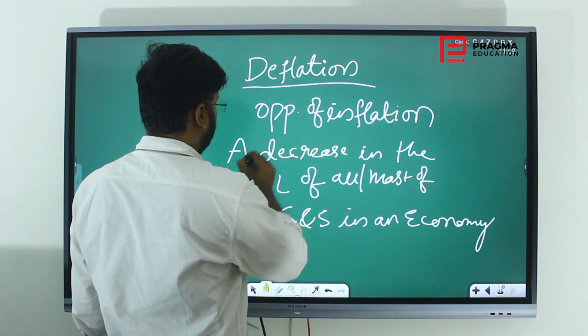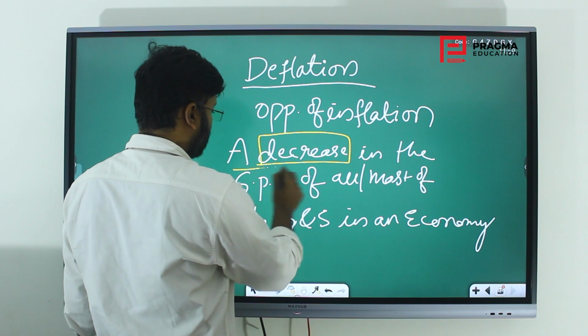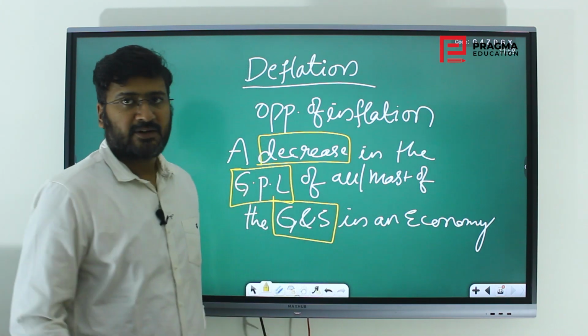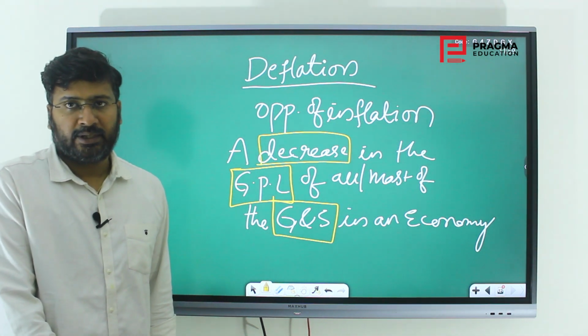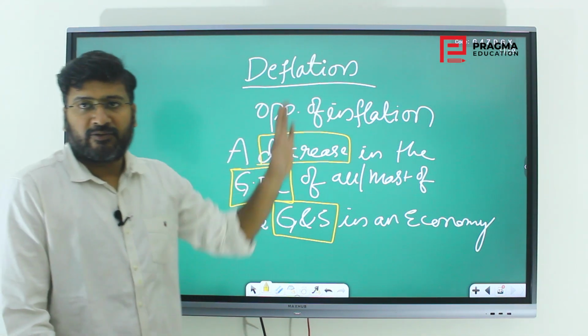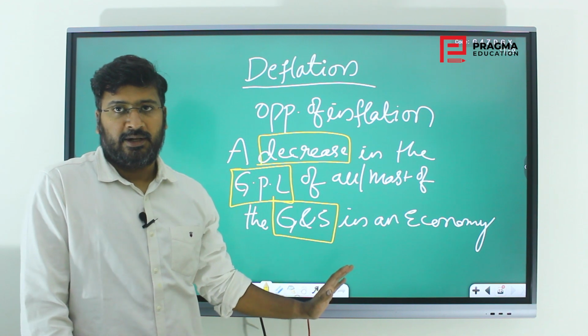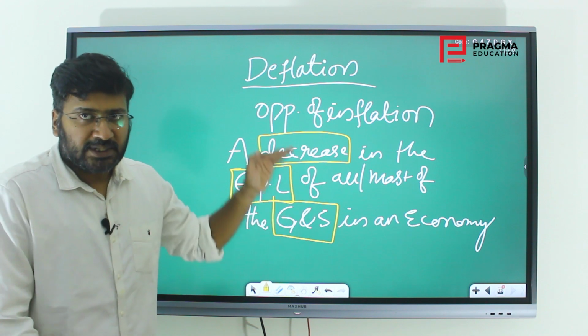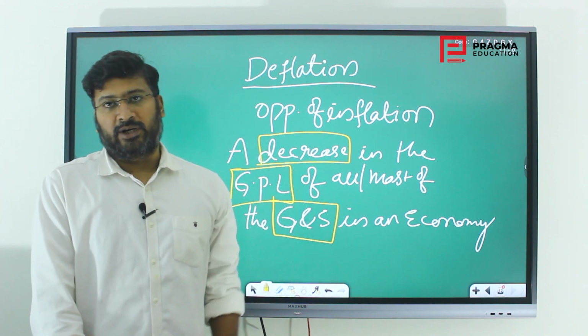Here it is a decrease in the GPL of all or most of the goods and services in an economy. That is the opposite of inflation. Means the general price levels start falling down.